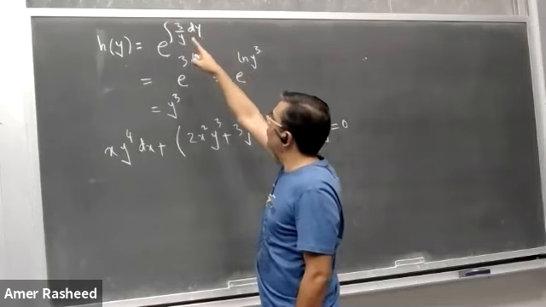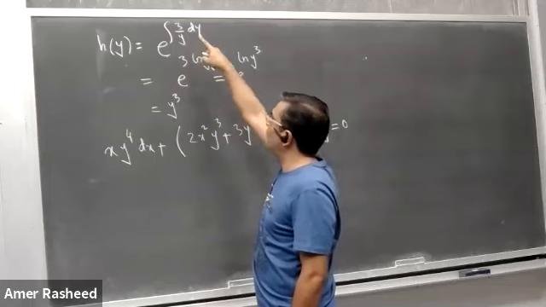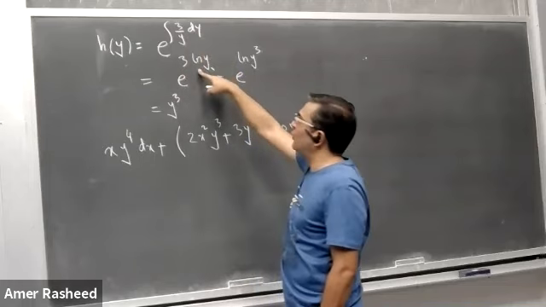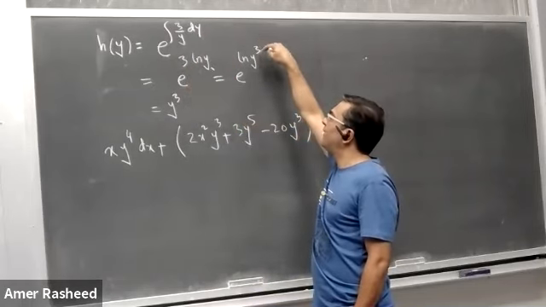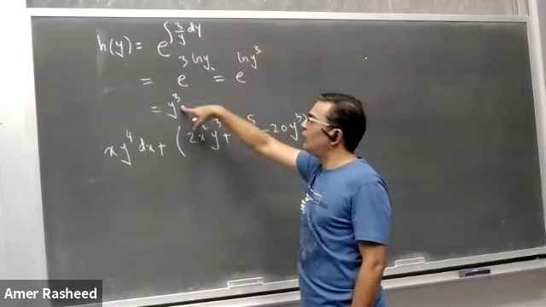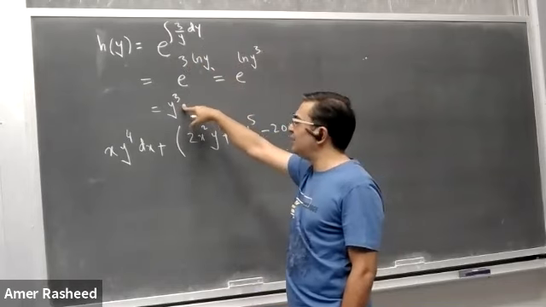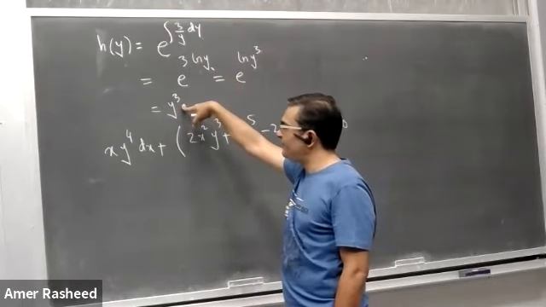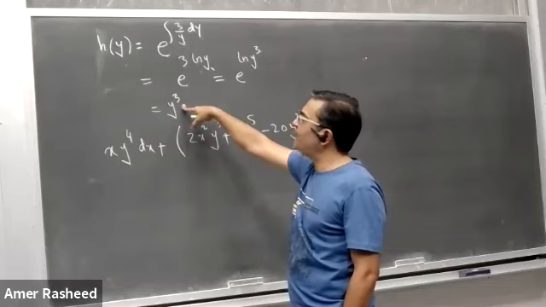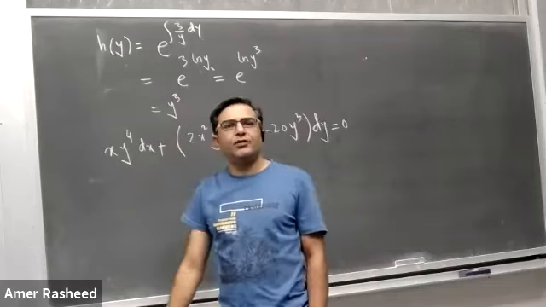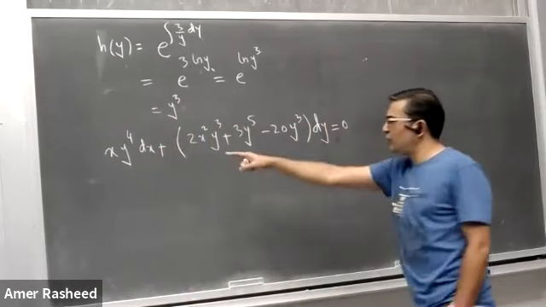Integrating, we can take 3 outside, and the integral of 1 over y is log of y. We can take this 3 on the power, e and log cancel, and we obtain y cube. This is the integrating factor. We now multiply this integrating factor on both sides of the given equation, and we obtain this.